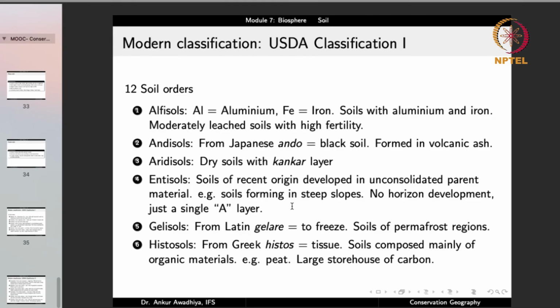Now in the steep slopes, because the soils did not have a lot of time to accumulate, there is no horizon development. Gelisols, which are the soils of permafrost areas, Histosols, which are very much like our peaty soils, they are a large storehouse of carbon.